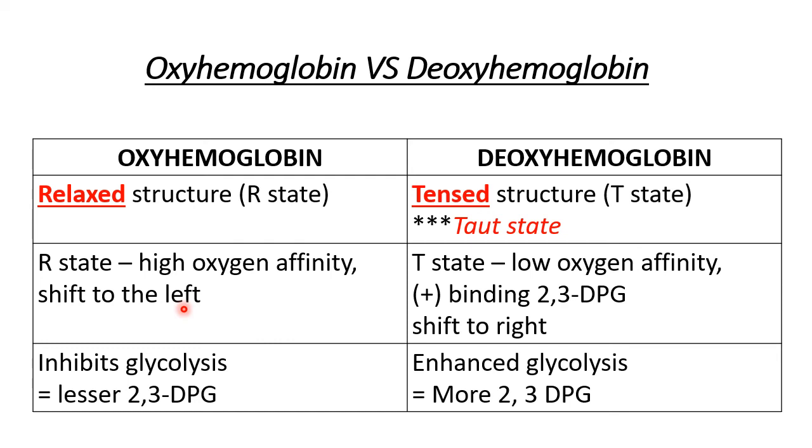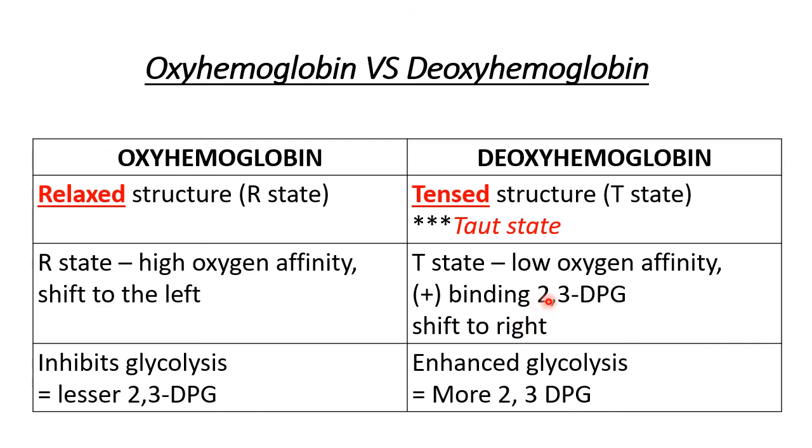And then, in terms of the levels of 2,3-DPG, lesser sila. Bakit kaya lesser? Kasi ang presence of oxygen in hemoglobin inhibits the glycolysis. Thus, lesser ang production or usage of your 2,3-DPG.